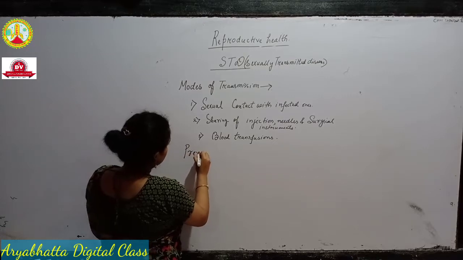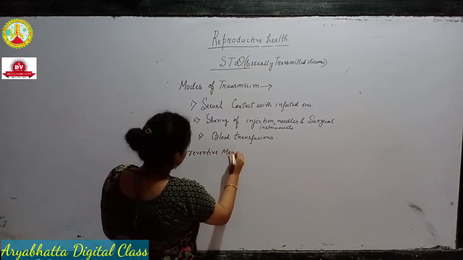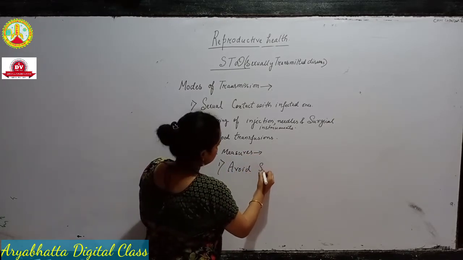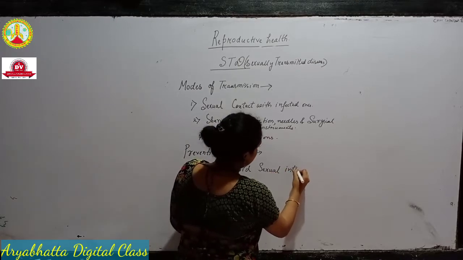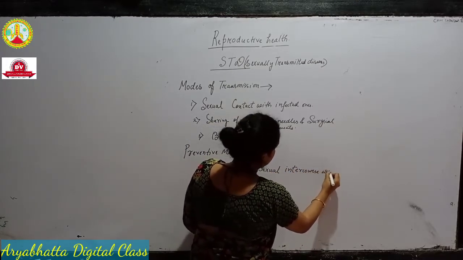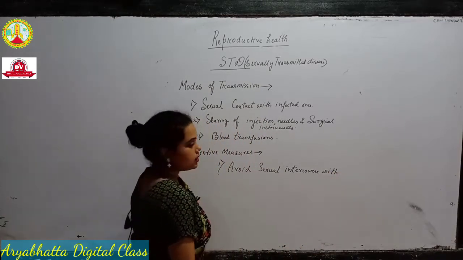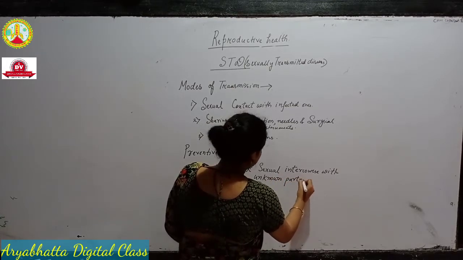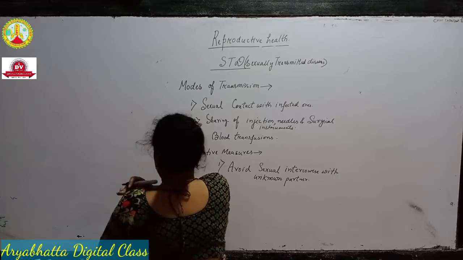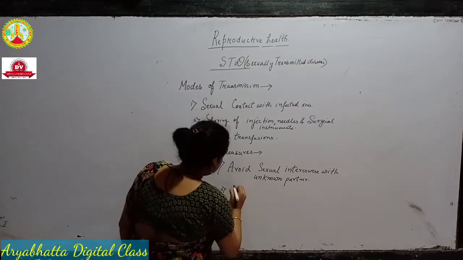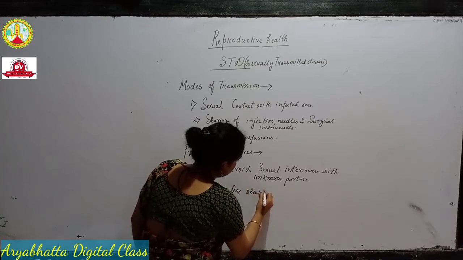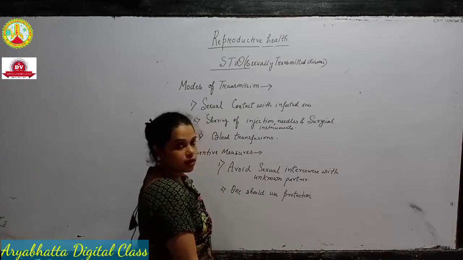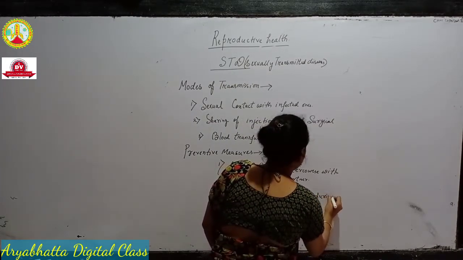Next comes preventive measures. How can it be prevented? Preventive measures. Number 1, avoid sexual intercourse with an unknown partner. Next, one should use protection during intercourse.